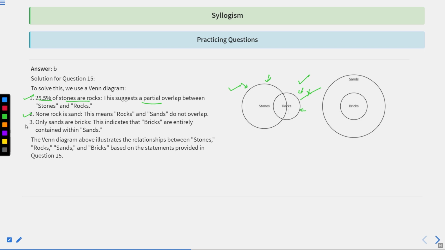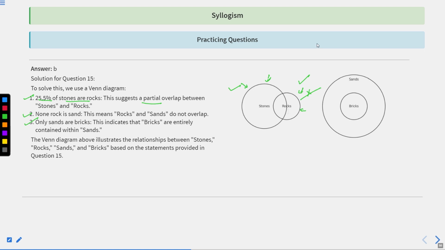Now, the third statement says only sands are bricks. In the previous questions, where it was mentioned that only beer is vodka, what did we do? We converted the statement in the form of all bricks are sand. So this statement, which says that only sands are bricks, can also be construed as all bricks are sand.